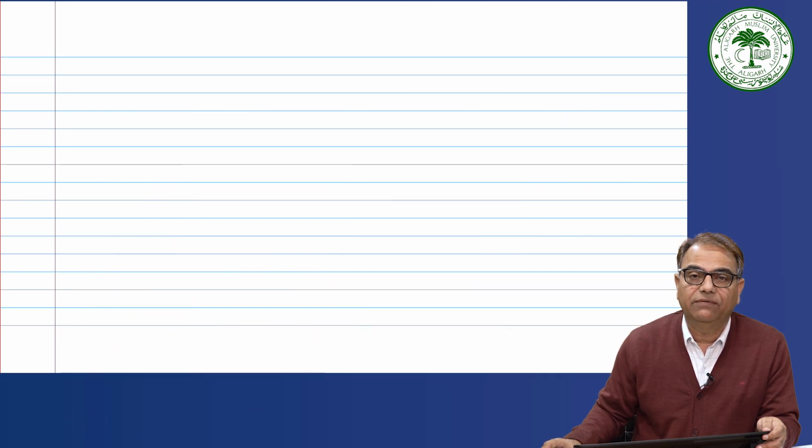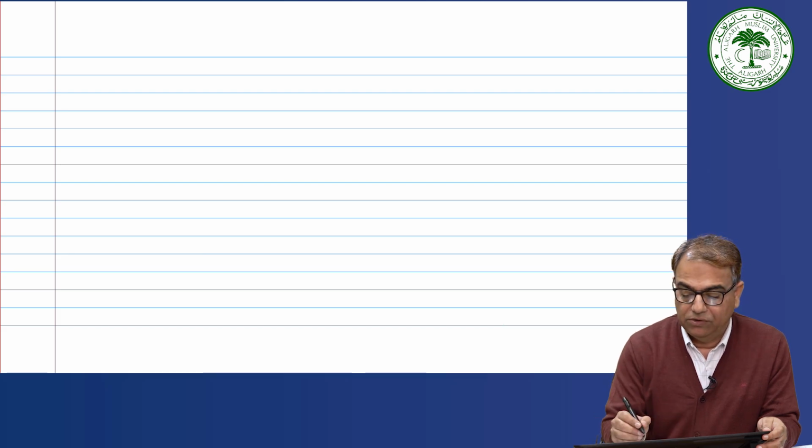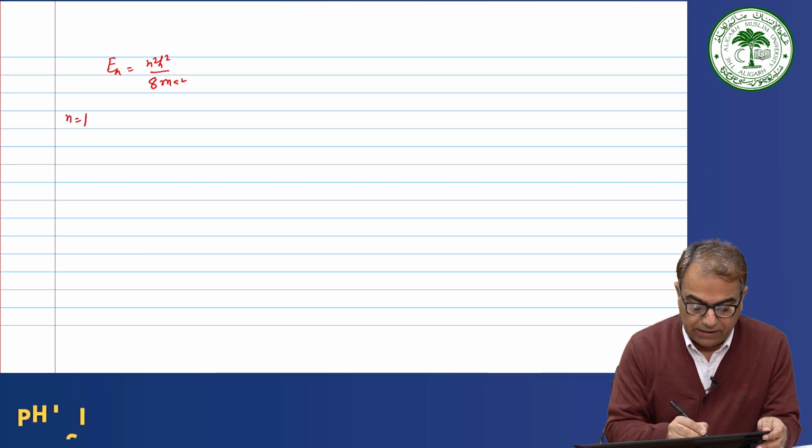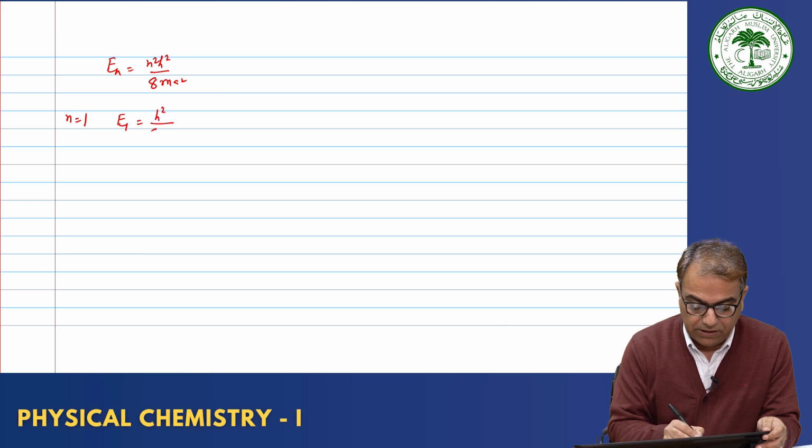Now since we have done energy value also, let us look at the energy value. Energy value was En is equal to n square h square divided by 8 ma square. So if I keep n is equal to 1 and I write E1 value, then E1 is equal to h square divided by 8 ma square. If I write n is equal to 2, then E2 is equal to 4 h square divided by 8 ma square.